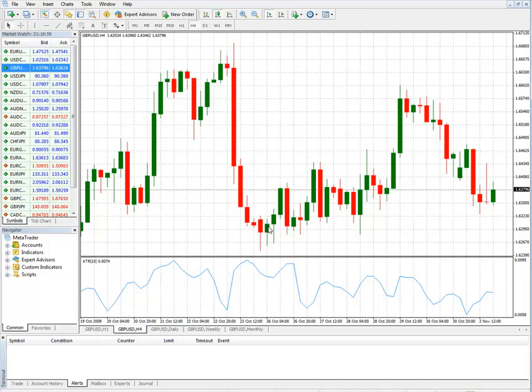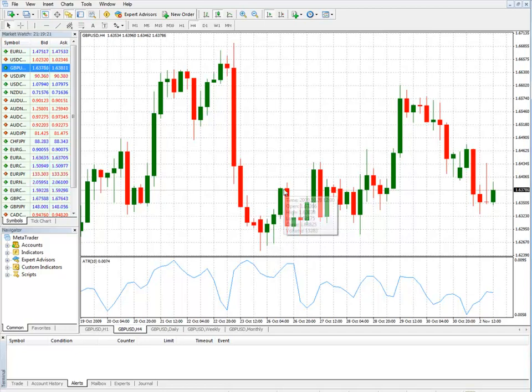Another inside bar here. And this inside bar, as you can see, is a spinning top. We'll talk about candlesticks, but spinning top, inside bar, and you can see here the slowing down of that particular downside momentum.